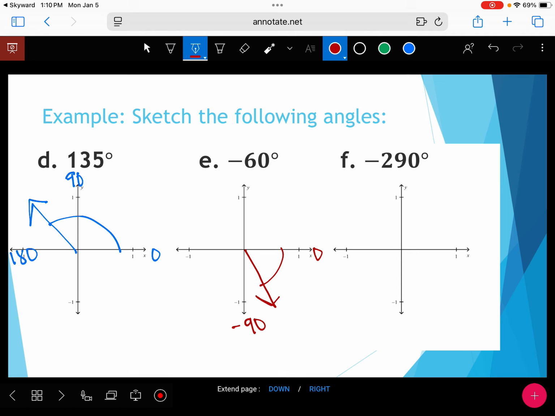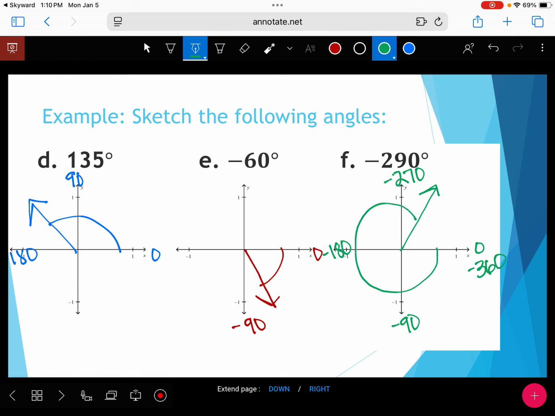Quadrant 1. This is 0, negative 90, negative 180. This is negative 270. And then this is also negative 360. So we would be somewhere in here, but notice which way I'm drawing my arc. That's the way it would be for a negative angle.